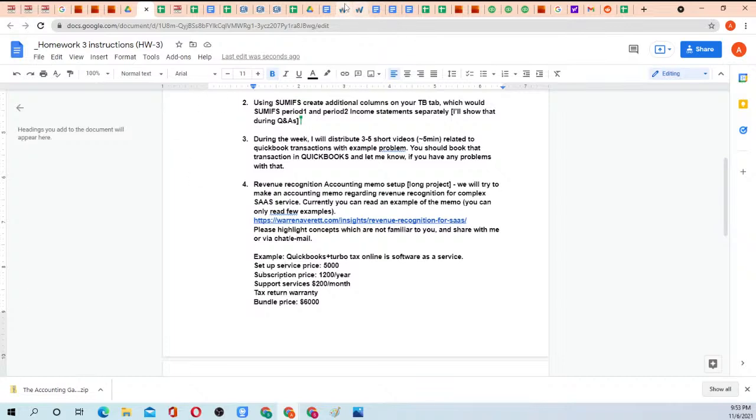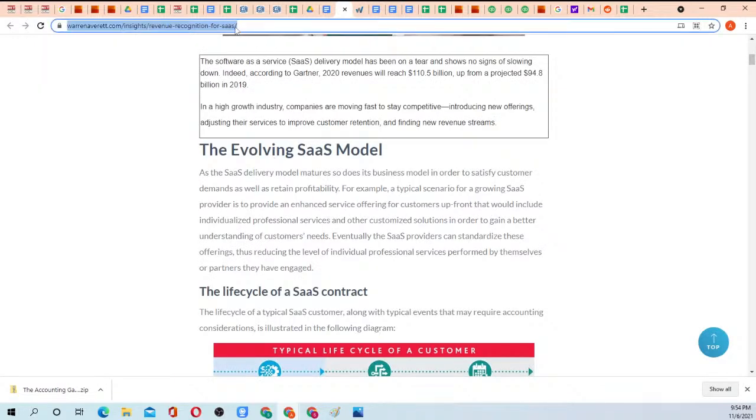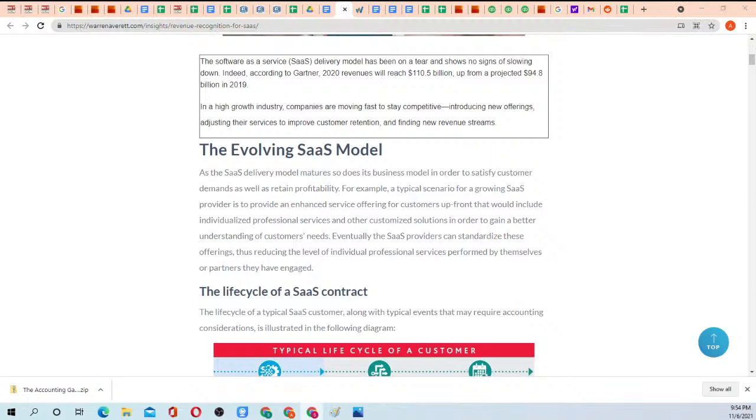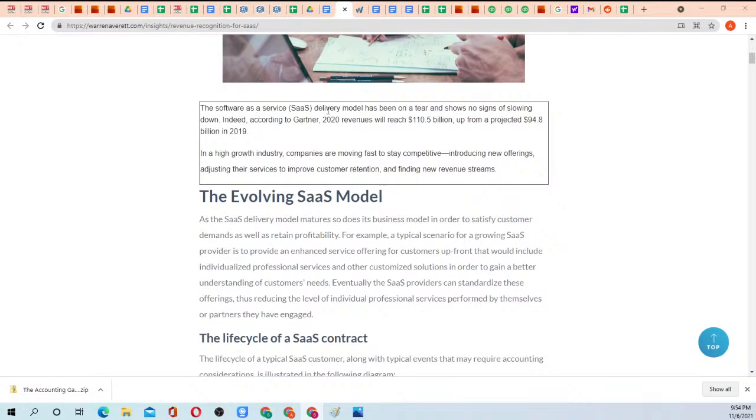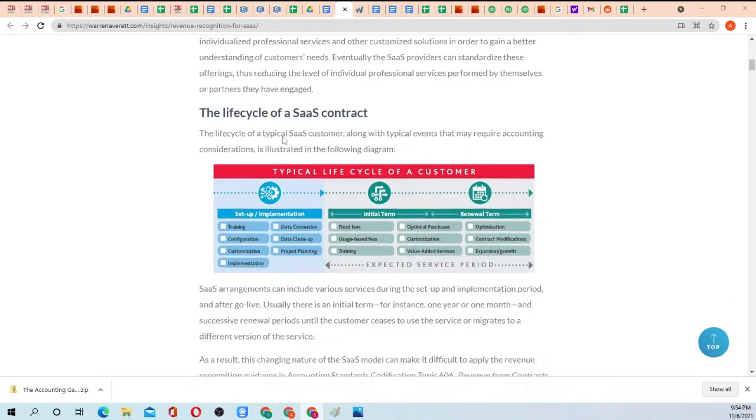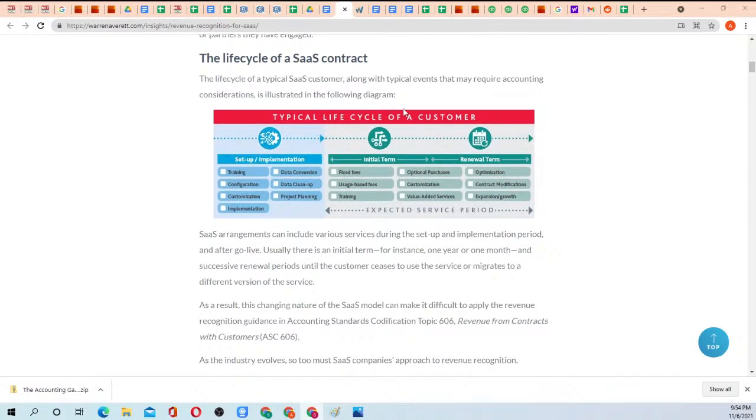Let's now go to the article which I shared with you. What do we have here? Software model has been on a tier, and so on. So they have a life cycle of a customer here, with an implementation which includes training, data conversion, data cleanup.